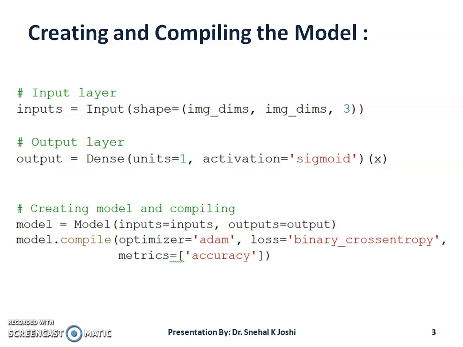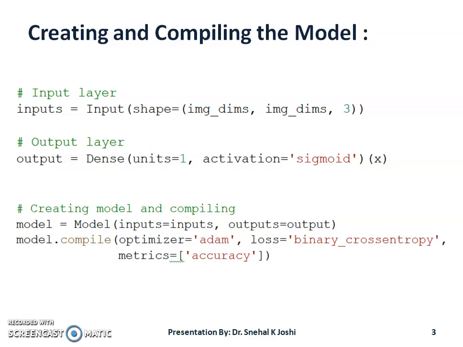Adam combines the best properties of the AdaGrad and RMSProp algorithms. These are two important algorithms that are normally used as optimizers, and Adam provides an optimization algorithm that can handle sparse gradients on noisy problems.